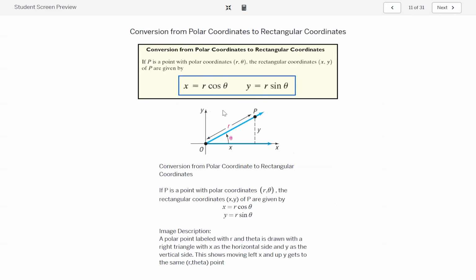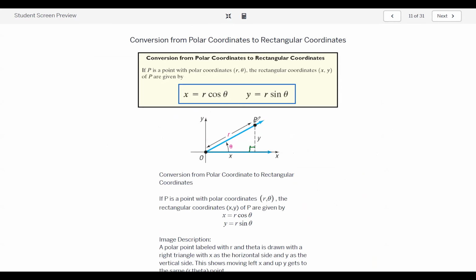So when we're looking at a polar point versus a rectangular point, if I draw the XY coordinates to get to the same r theta location, I create a right triangle.